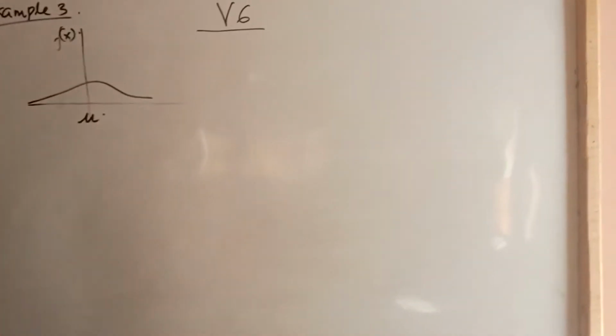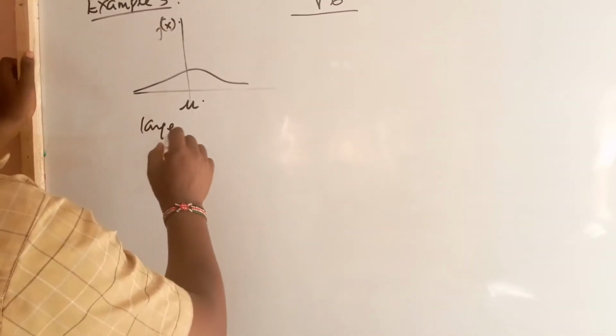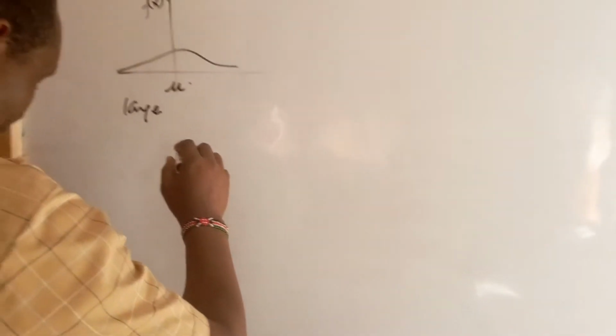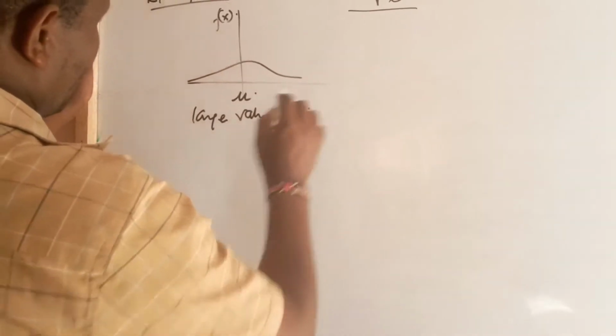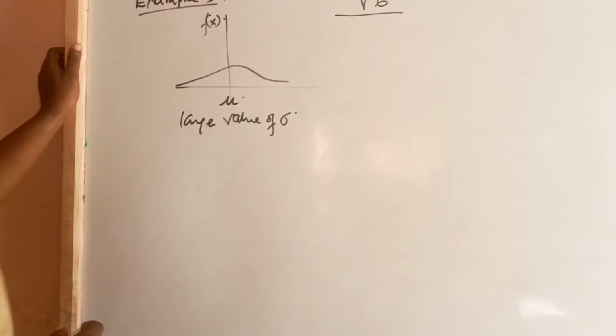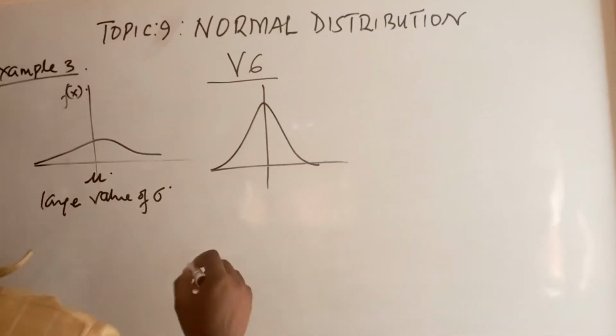And you can see this is where we have a large value of the standard deviation. You could have a different one that has a sharp peak.